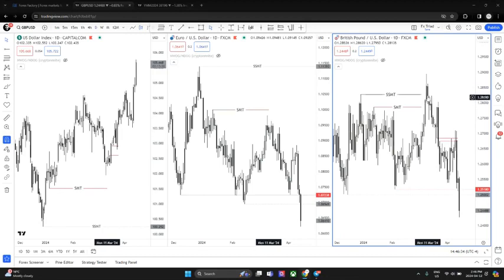We had SMT below that. The only time you look at SMT like this is when you have sequential SMT occur after trading above this high.